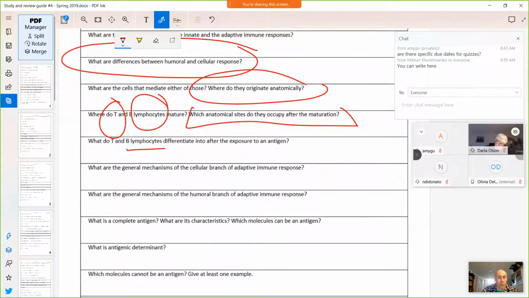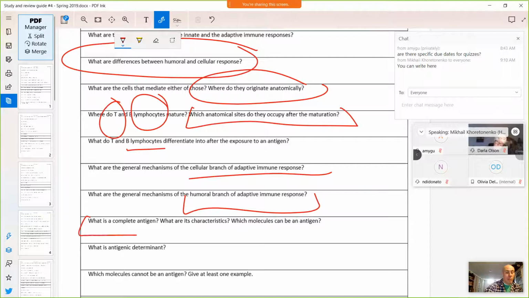For the cellular branch, helper cells activate B cells or macrophages, and killer cells cause apoptosis of virus-infected or cancerous cells. For the humoral branch, you have antibodies. Plasma cells produce antibodies, and antibodies do a lot of stuff that we're going to talk about.